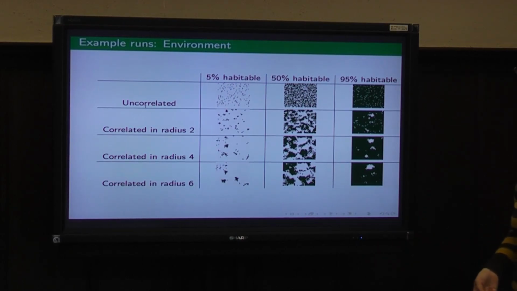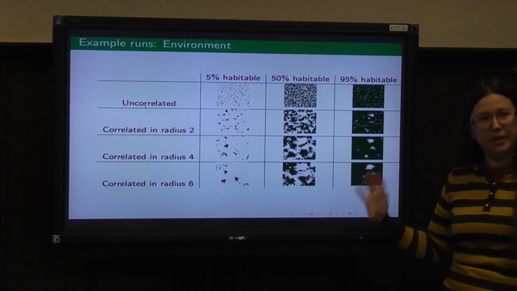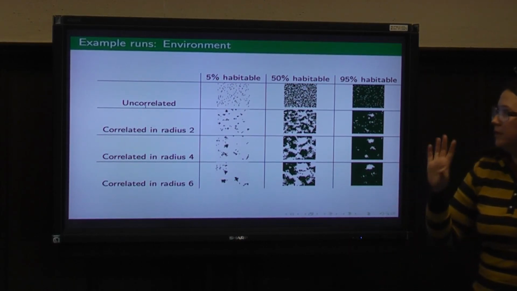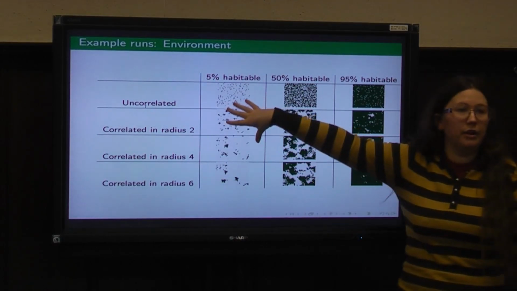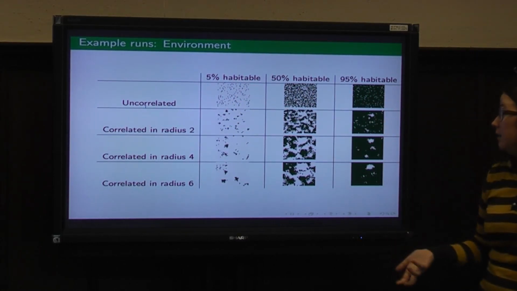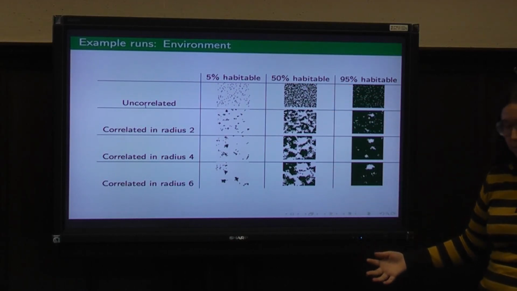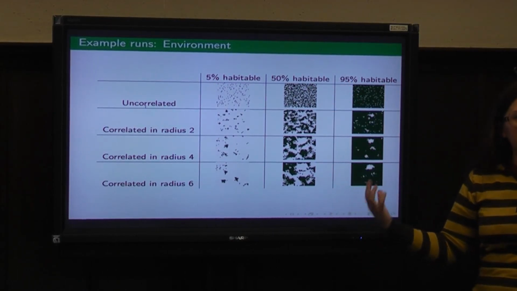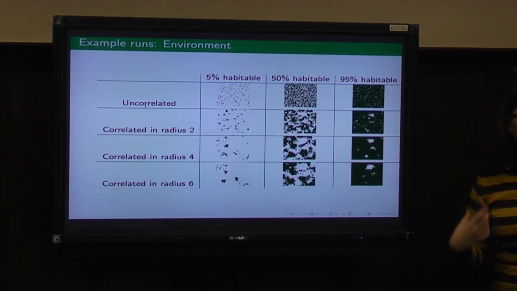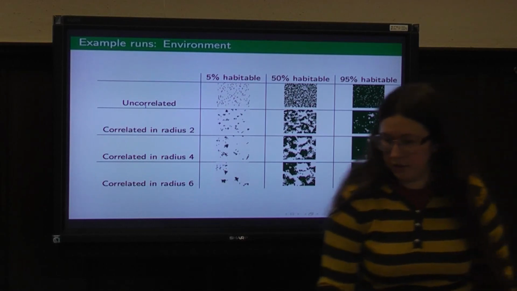You can see that as we go from 5% to 50% to 95% habitable, the dynamics here are going to be pretty different than what we've got over here. And also, as we get bigger clumps of similar patches, that's also going to influence what goes on.